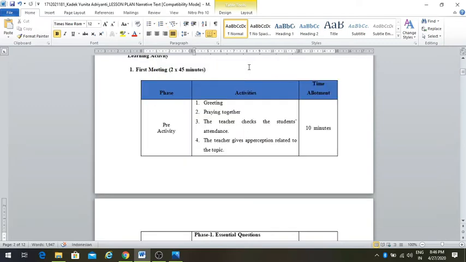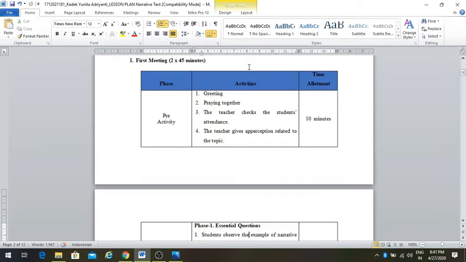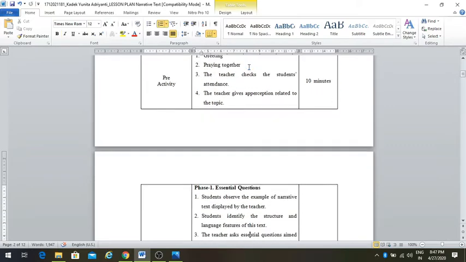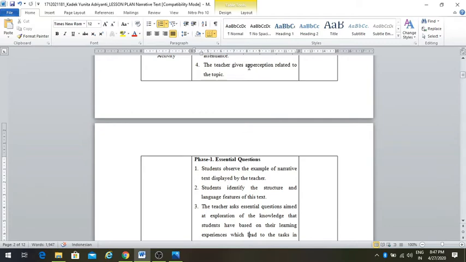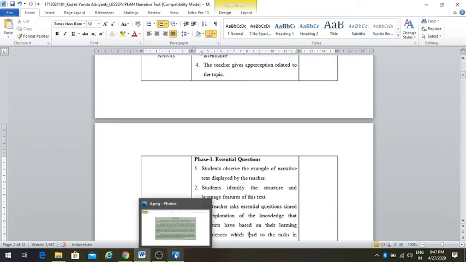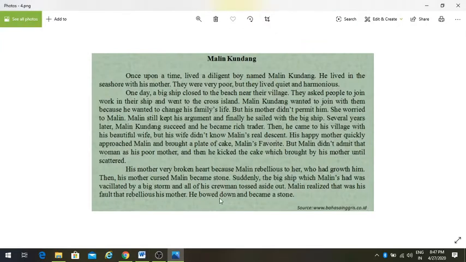After the students answer the questions, we move to the main activity, where the first phase is essential questions. In this stage, the students observe the example of narrative text displayed by the teacher. After the apperception, the teacher will give the example of narrative text.